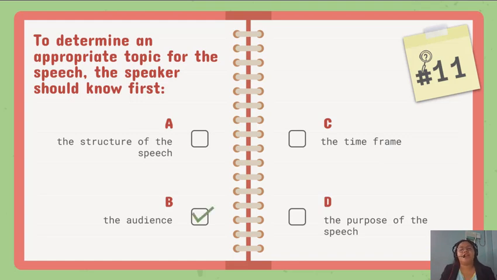The correct answer is B. Knowing the age or social group in which the audience belongs to will help the speaker to choose an appropriate topic for them to be interested in the speech. The purpose of the speech will then be determined. The structure will be outlined and written, and the time frame will be considered thereafter during preparation and delivery.